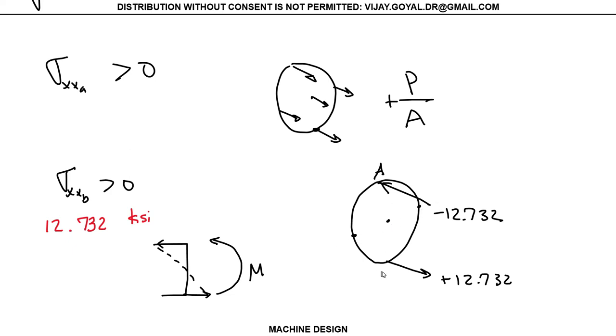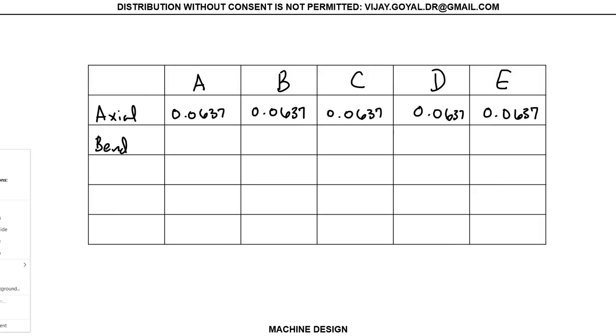So only A and B will have non-zero values. So it's 12.732 negative. This is zero. These are all zero values, and this is positive 12.732.